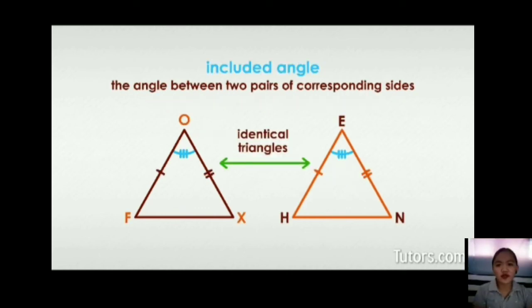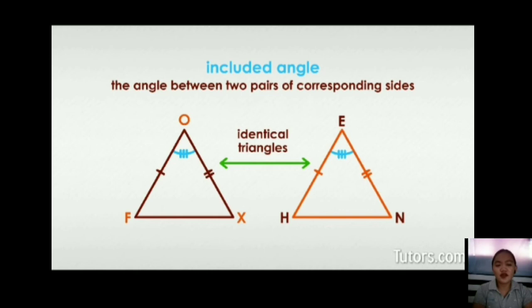Included angles. The included angle refers to the angle between two pairs of corresponding sides. You cannot compare two sides of two triangles and then leave out an angle that is not between the two sides. Here, as we can see, we have two congruent triangles. To make it easy, we have them both as equilateral triangles.